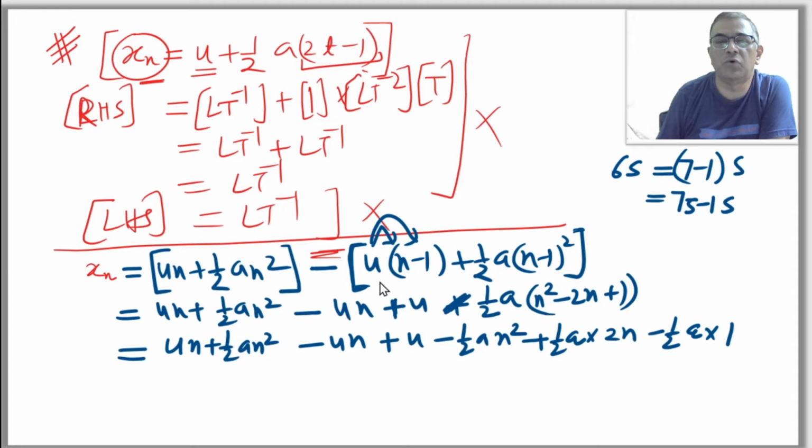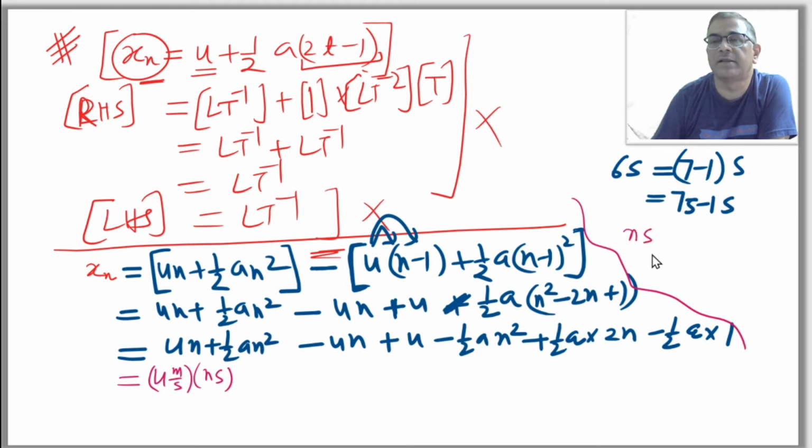Is it right? So over here, let's write the unit with every corresponding term. This is equal to u with unit, meter per second. This n is the same as ns. Is that right? This is n second, and then n minus 1 second is equal to n second minus 1 second. This is what I will be using. And you see, u into n is this, then plus half a.